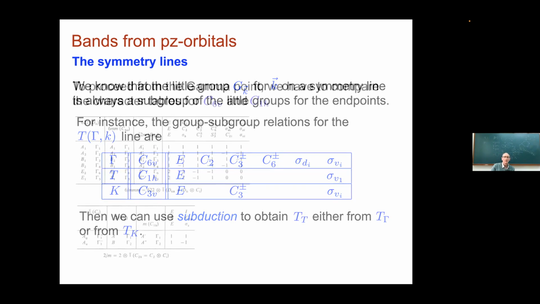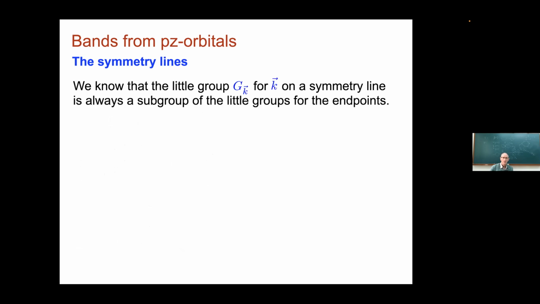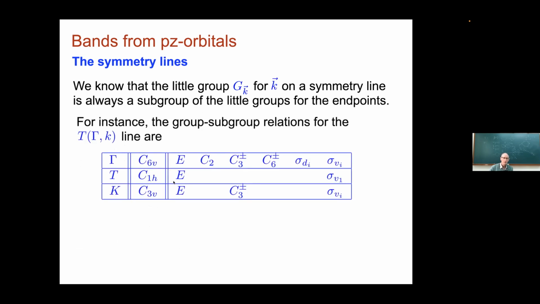Well, the idea is quite simple. Here I have the irreps of the gamma point, which is C6v, and of the T line, which is just C1h. Previously, I knew how these things were connected.